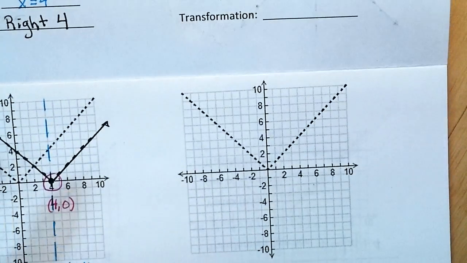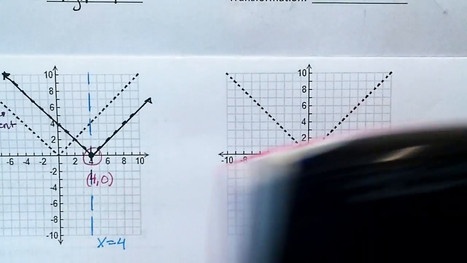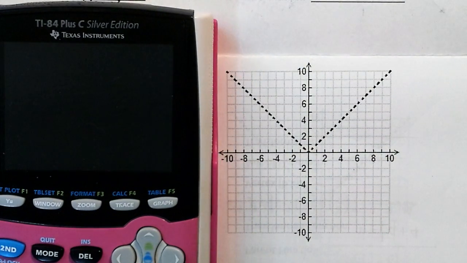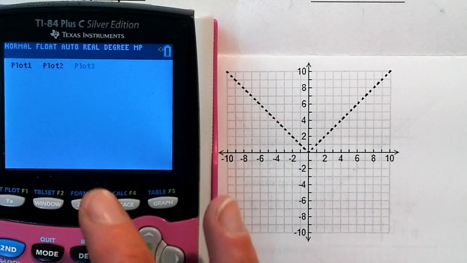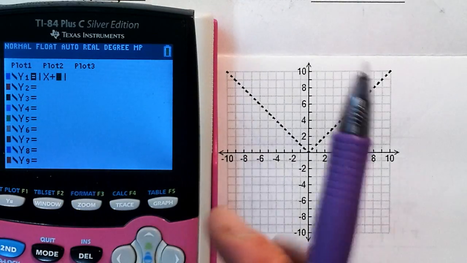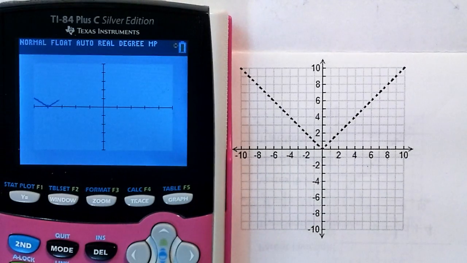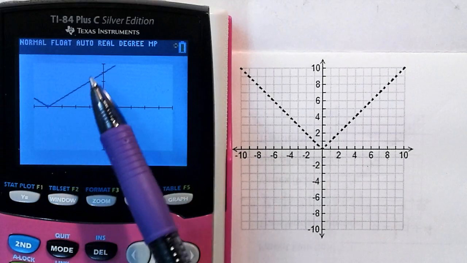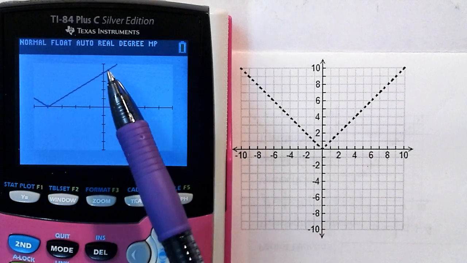So let's go ahead and graph this function. Let's see what happened. When I'm looking here, that was my previous equation. So now I'm going to make it plus. Let's look at what happened here. Notice this shifted to the left.